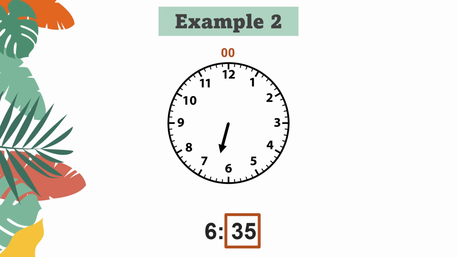So we start from 0, 5, 10, 15, 20, 25, 30, 35 minutes. So for 35 minutes, the long hand will be pointing at number 7. So this is how we draw the minute hand for 6:35.